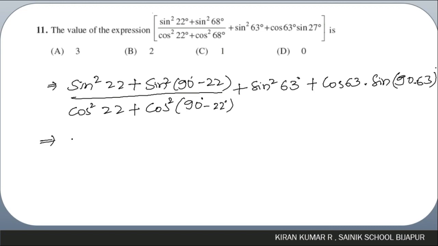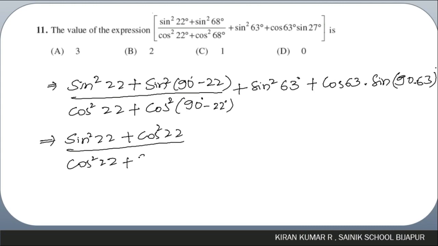So by the complementary relation, I have sin square 22 plus this becomes cos square 22 divided by cos square 22 plus sin square 22 added to sin square 63 plus cos 63 into this becomes cos 63.